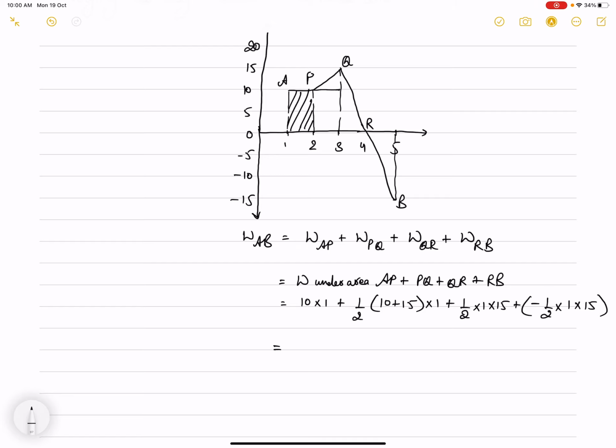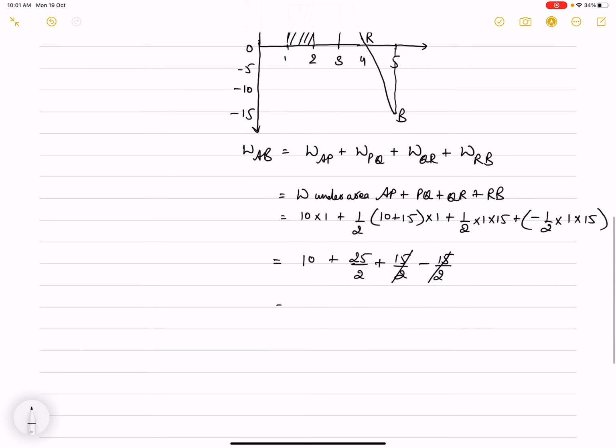After calculating, we get 10 plus 25 by 2 plus 15 by 2 minus 15 by 2. 15 by 2 will be cancelled out by 15 by 2, and we'll get 45 by 2 or 22.5 joules.